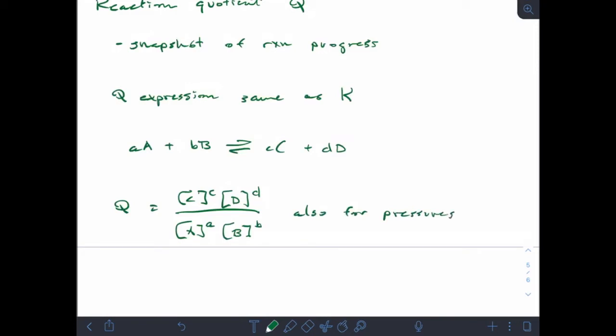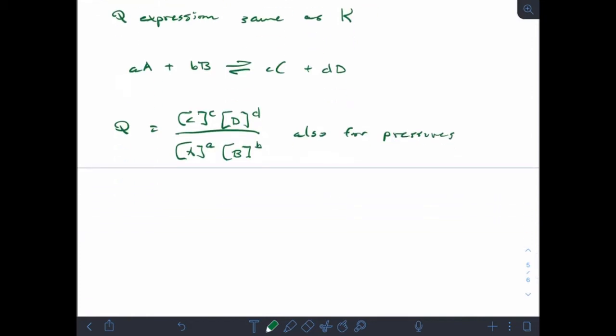Okay, so it takes exactly the same form as K. And what Q does is Q tells us whether the forward or back reaction is favored or if equilibrium is reached.